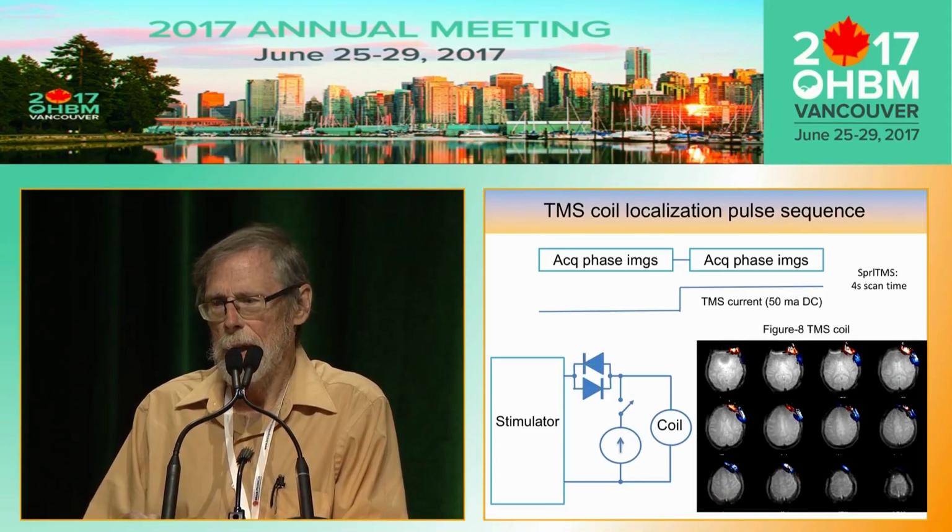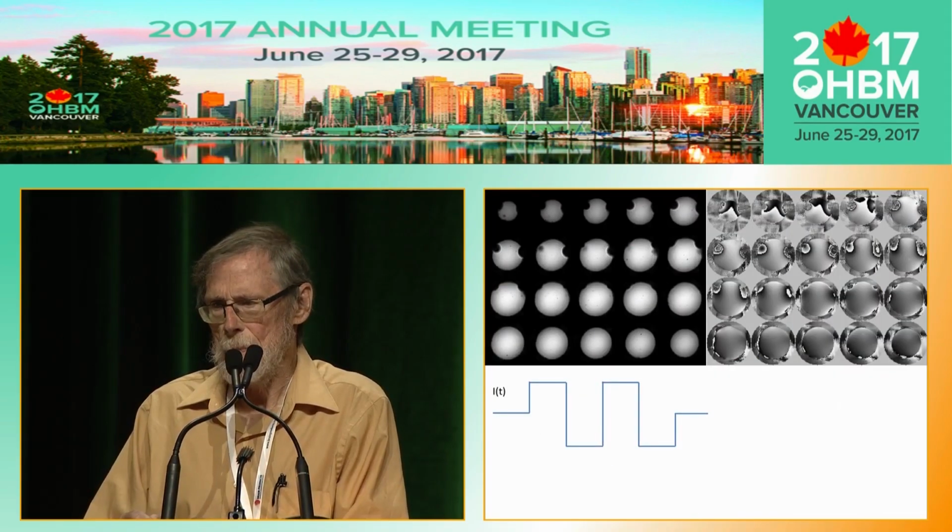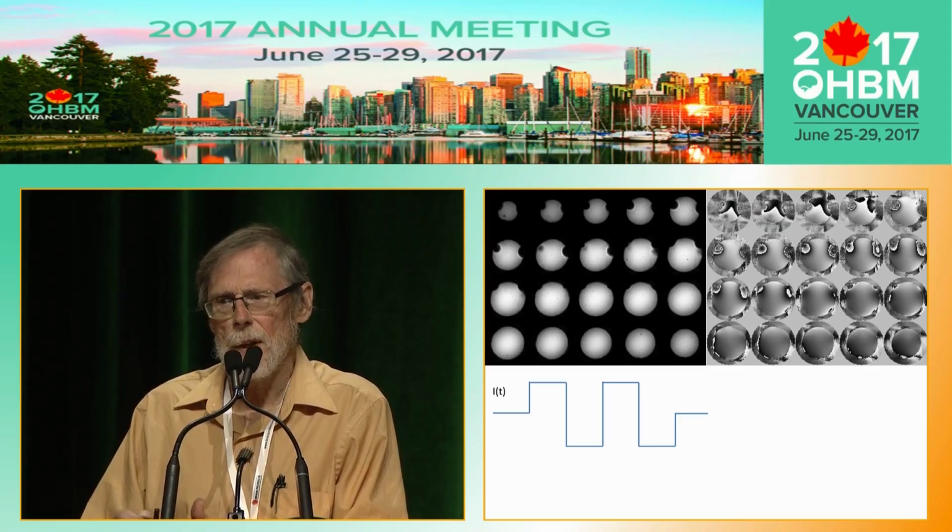This shows, for example, a figure 8 coil on a subject with a positive and negative going change in magnetic field. That's localized in this case pretty close to the coil, and that's in fact what one sees. So you can look at doing this with tDCS, and here's an example on a phantom.